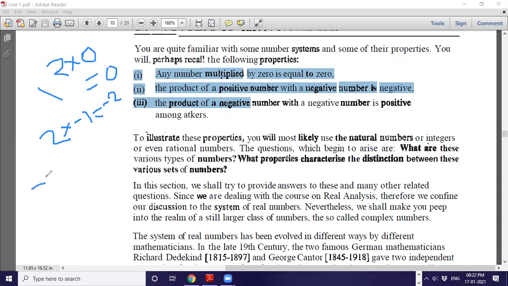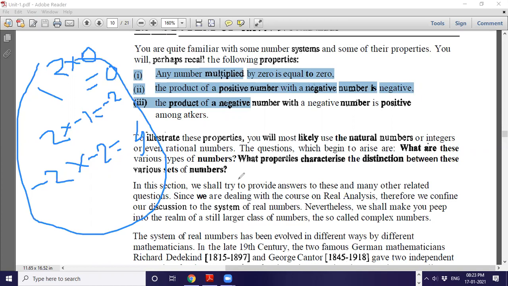Or say -2 into -2, that is 4, right? So what I mean to say, to illustrate this property, you will most likely use the natural numbers or integers like we use right now. Even rational numbers also you can use.